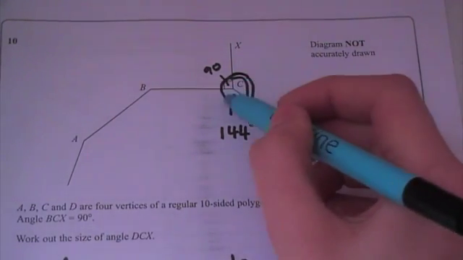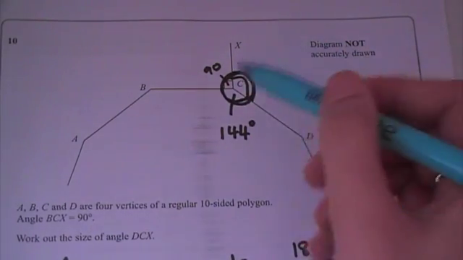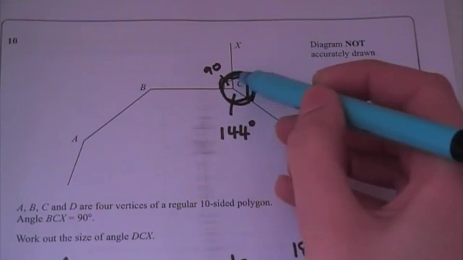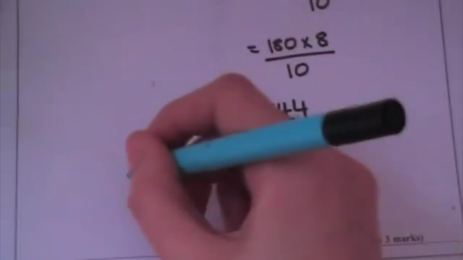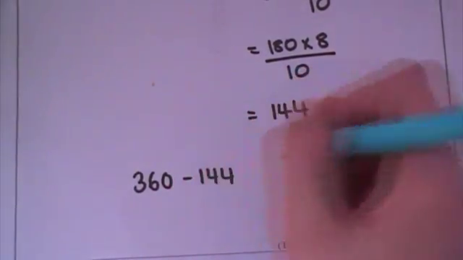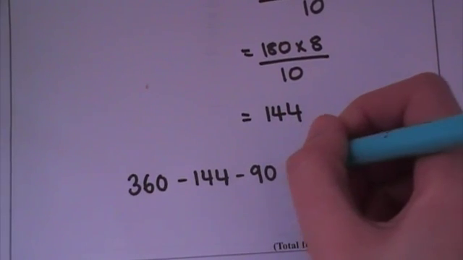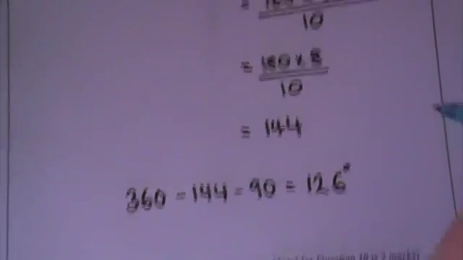Now angles around a point add to 360. We've already got this 144 and we've got this 90. So to work out the angle they're asking for, we'll do 360 minus the angle we just worked out, minus the 90 degrees they've given us, which gives us an answer of 126 degrees.